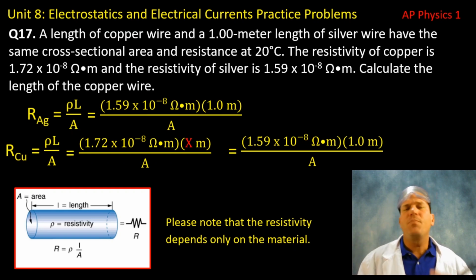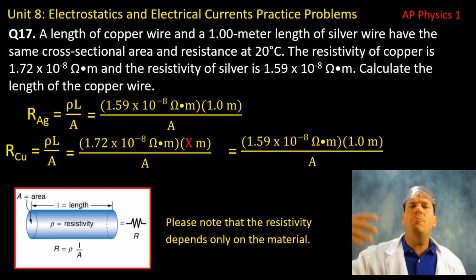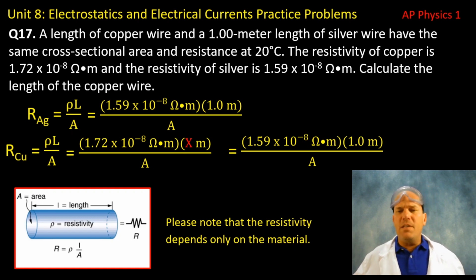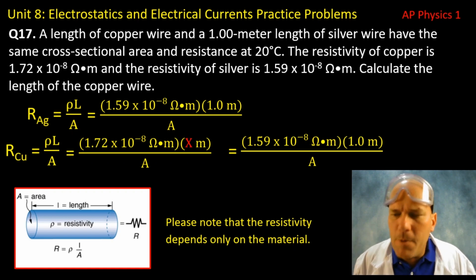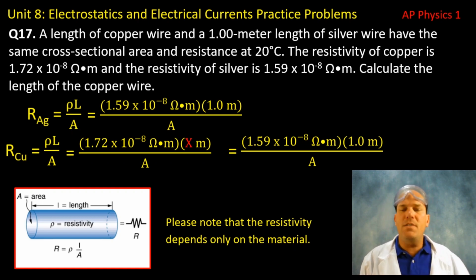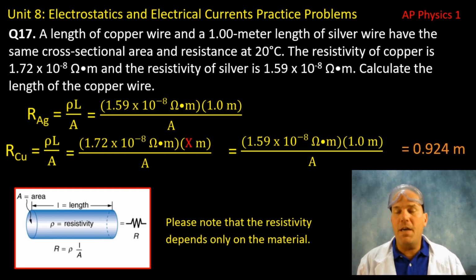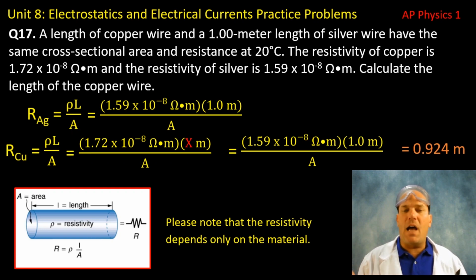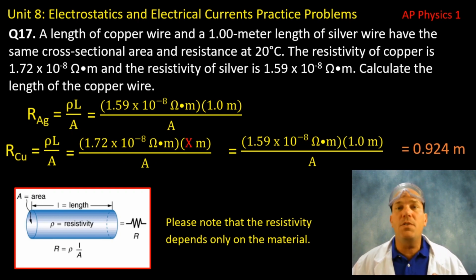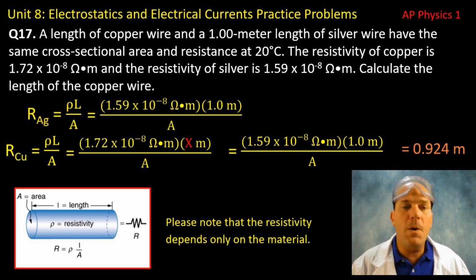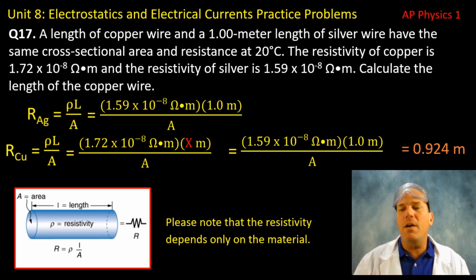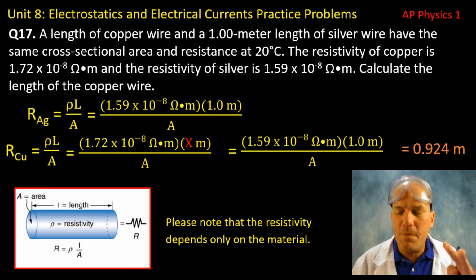So setting the resistance of copper equal to the resistance of the silver, and then algebraically you can rearrange this problem to solve for X. And when you do that, solving for X, in other words, dividing both sides by 1.7 times 10 to the negative 8th ohm meters gives you a length for the copper wire to be 0.924 meters.